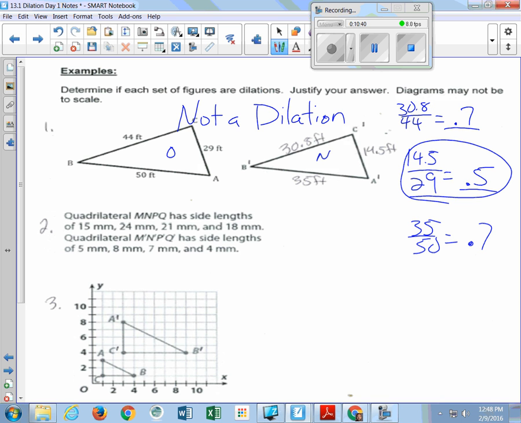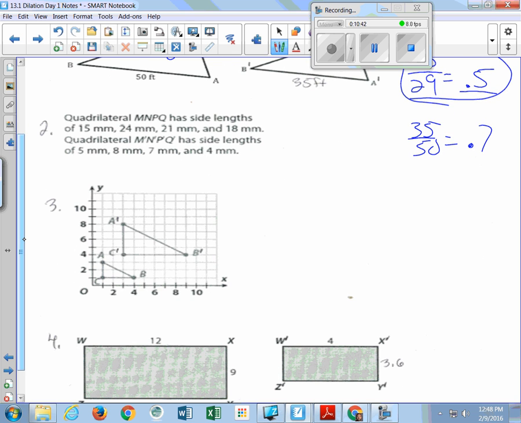Okay. All right, number 2. Quadrilateral MNPQ has side lengths of 15 millimeters, 24 millimeters, 21 millimeters, and 18 millimeters. The second quadrilateral has side lengths of 5, 8, 7, and 4 millimeters. So this is our new, this is our old. Let's put the new one's numbers on top: 5 over, 8 over, 7 over, and 4 over.